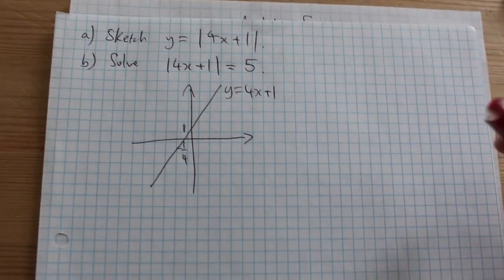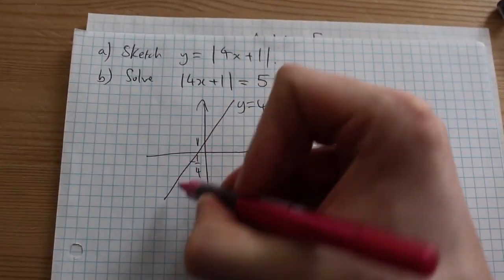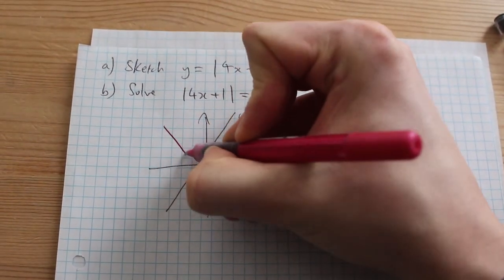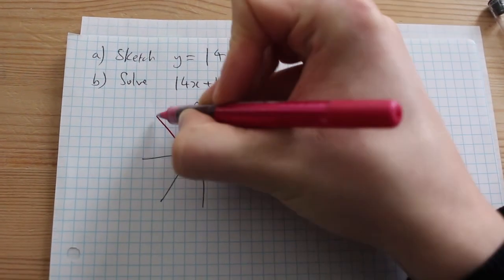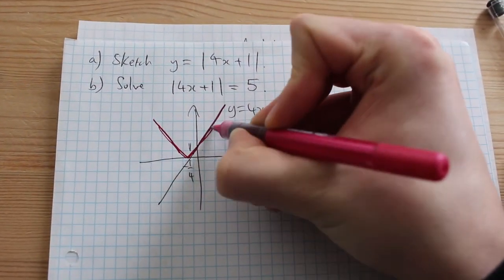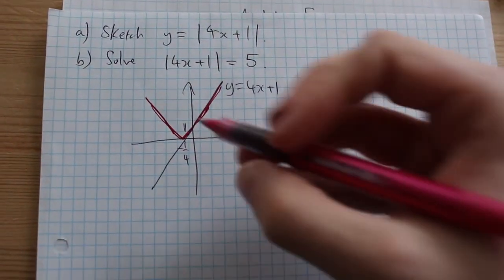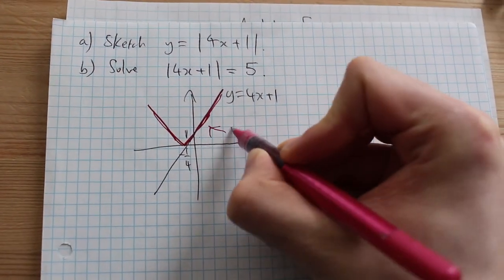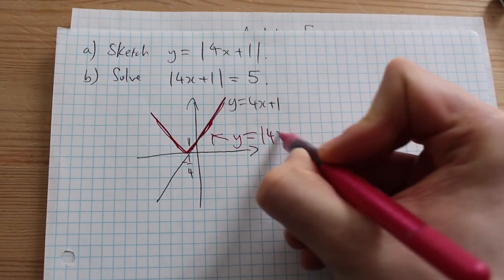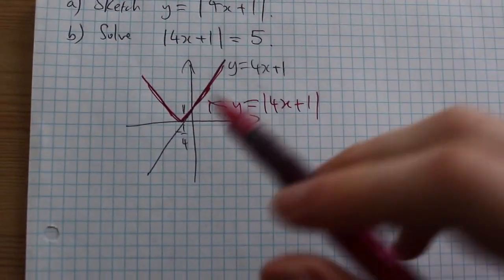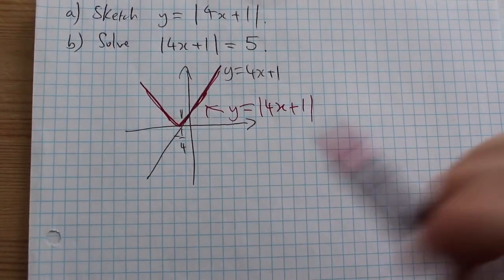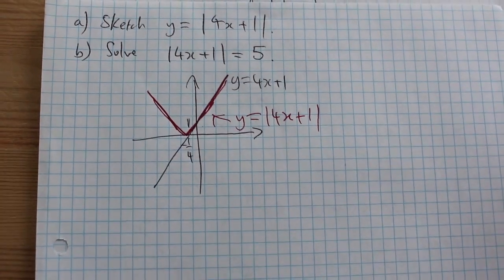So what we need to do is just reflect this negative bit above, and then this new graph in pink is the graph y equals the modulus of 4x plus 1, because the modulus of a negative value is the corresponding positive value.